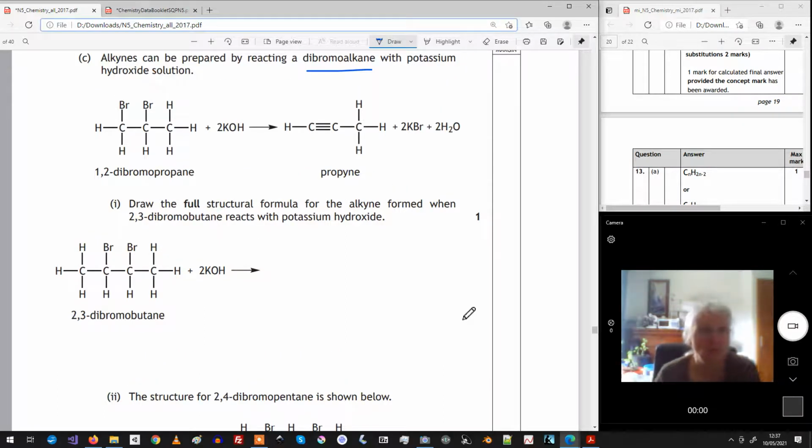So what we can see is that in this reaction here, these two are gotten rid of and a triple bond ends up being there. So we want to get rid of those two and put a triple bond.